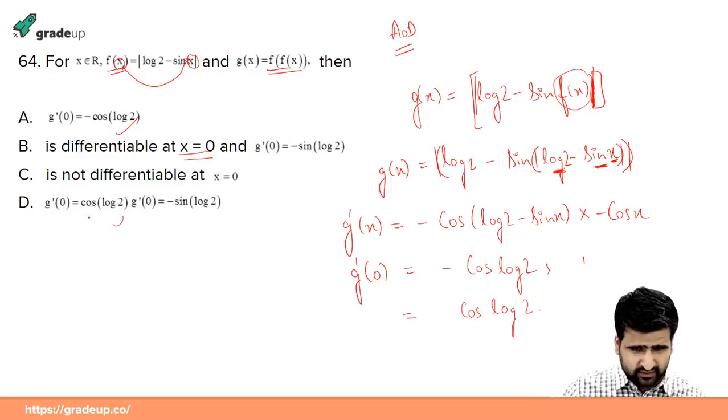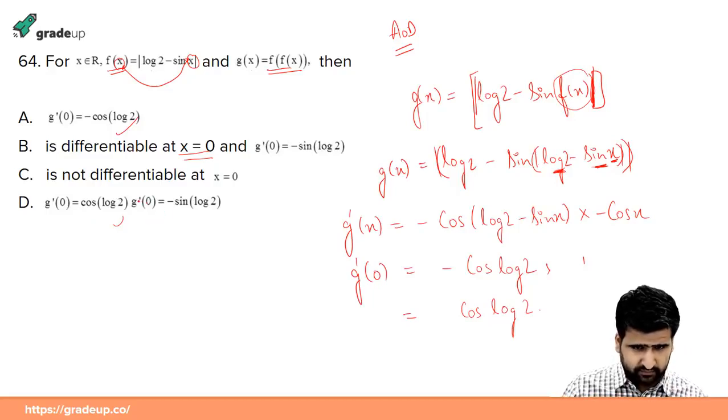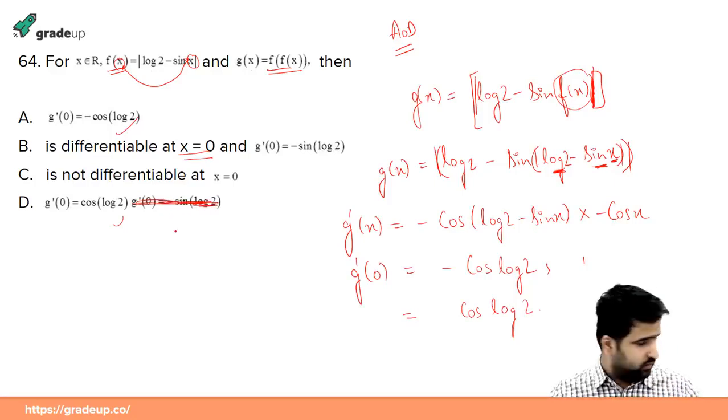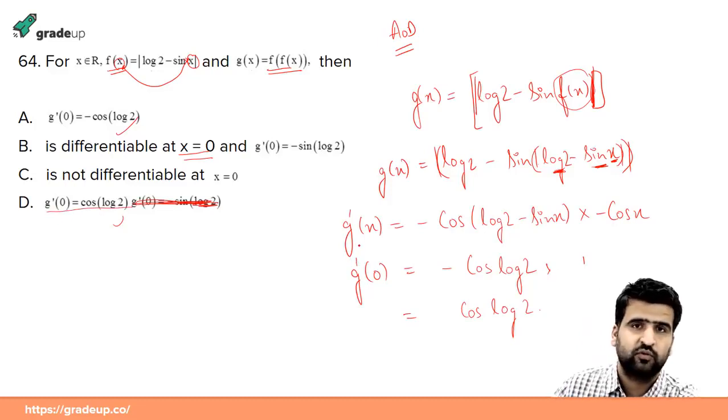So you just need to make some correction over here, that this term will not be here. This is unnecessary. Sorry, I forgot to exclude this in the beginning. So g dash 0 will be equal to cos of log 2. So let's move on to the next question.